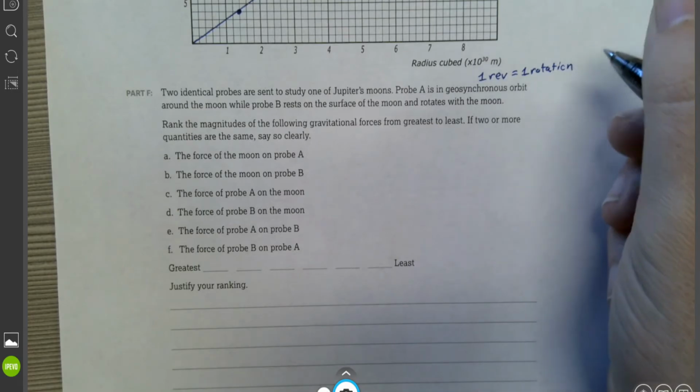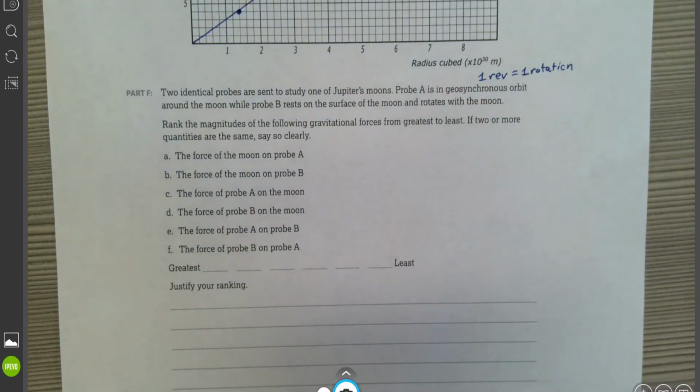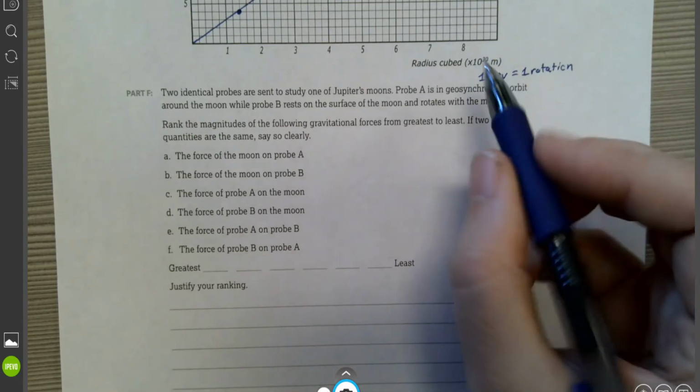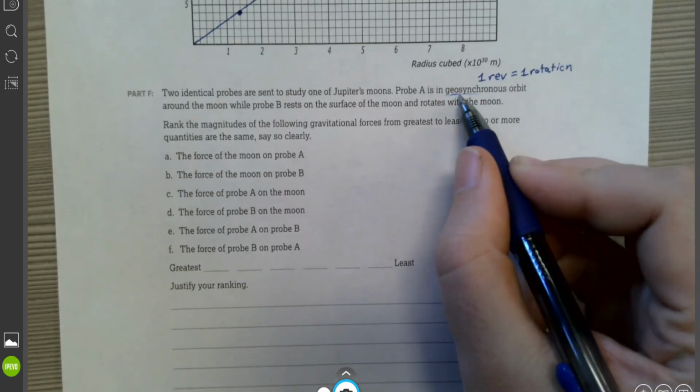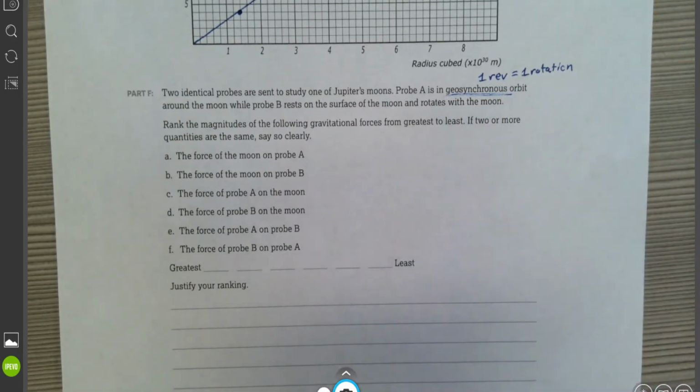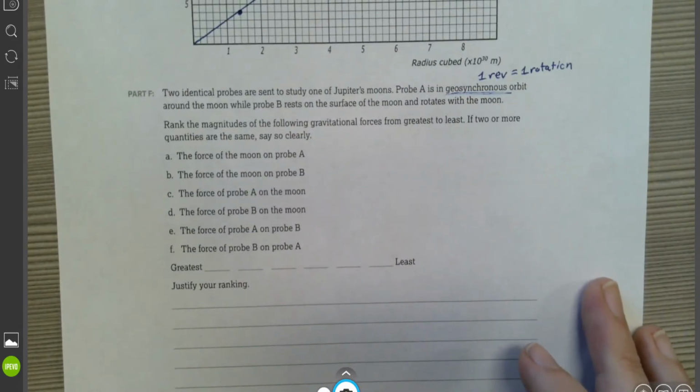So, for example, if a satellite was in geosynchronous orbit around the Earth, then one orbit around the Earth would be equal to 1 day, 24 hours, because the Earth rotates roughly about 24 hours per day. So one revolution around it would have to be roughly about 24 hours as well too. So that's what it means whenever it says geosynchronous: they're wanting it to stay put in sync with the rotation of Jupiter's moon.